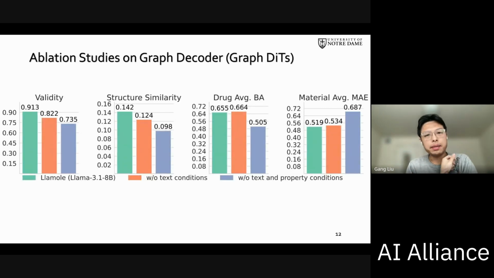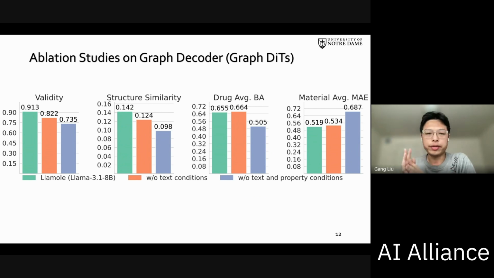Okay, in the application studies, we study different inputs of the graph diffusion transformer module, to see how this graph generation model works with the large language model. Here we focus on 4 metrics. They are chemical validity, structural similarity, drug-related balance accuracy, and the mean absolute error for the materials tasks.